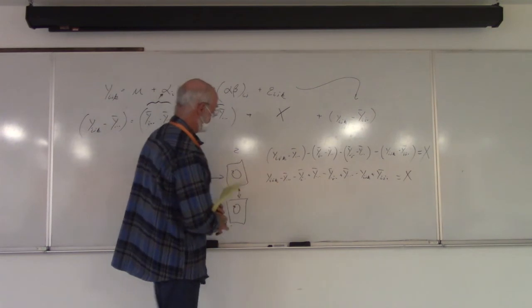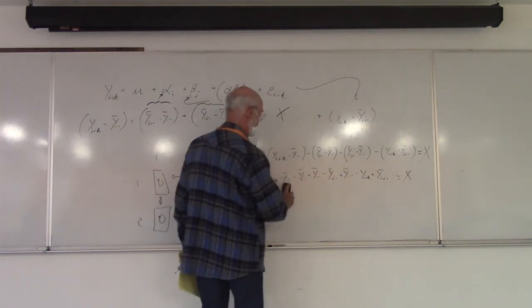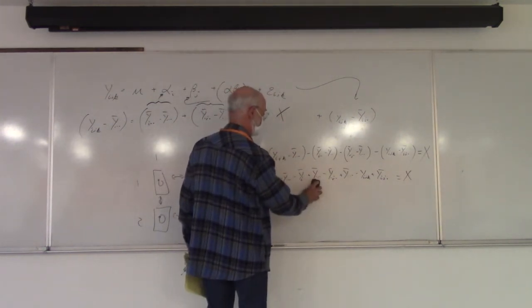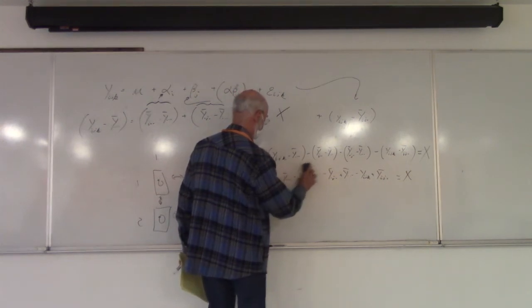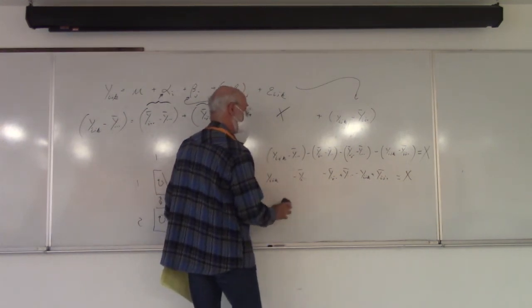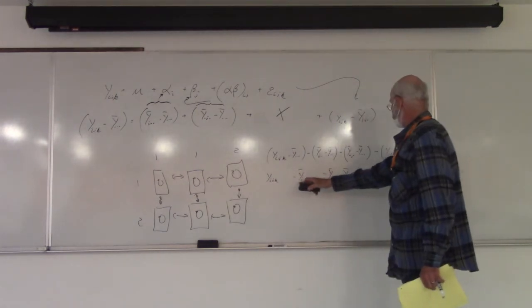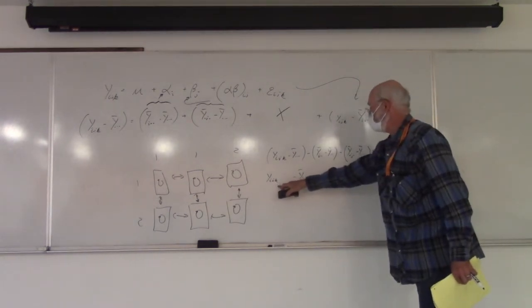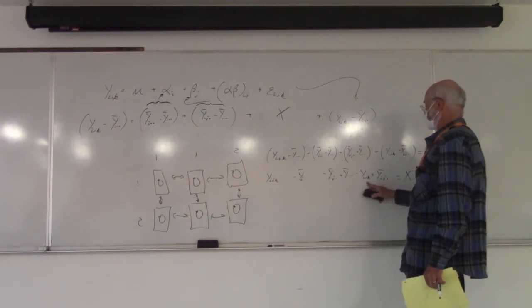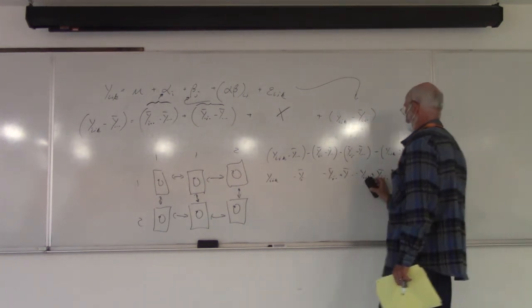All right, so a couple of things cancel out. Minus y bar dot dot dot plus y bar dot dot dot, so those two cancel out. Minus, there's y_ijk minus y_ijk, so those two cancel out.